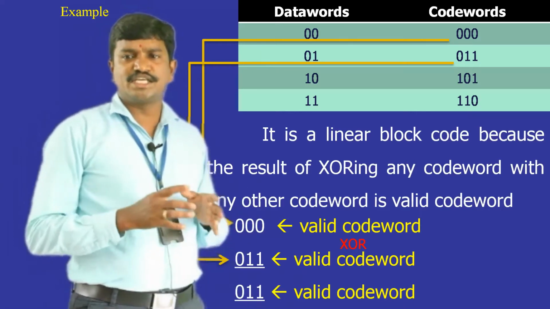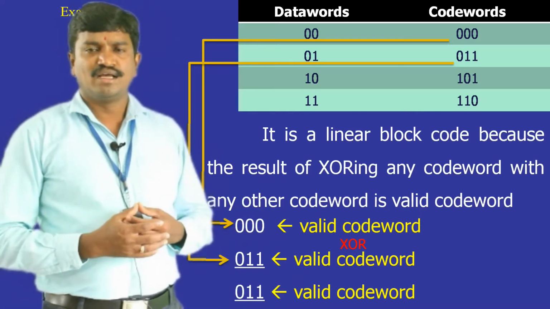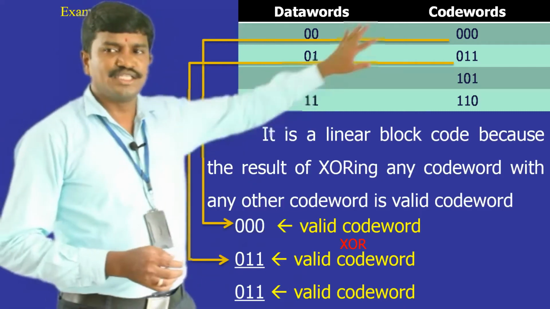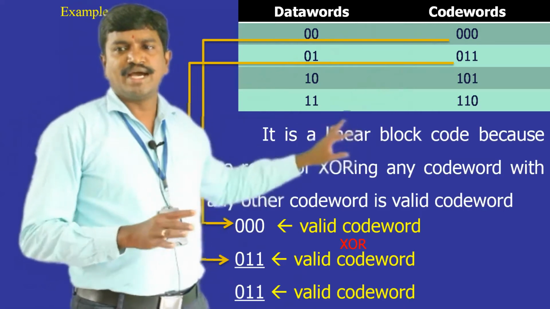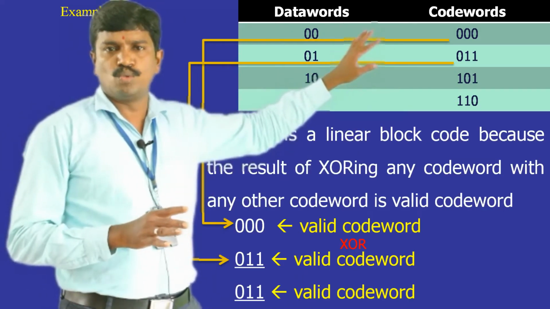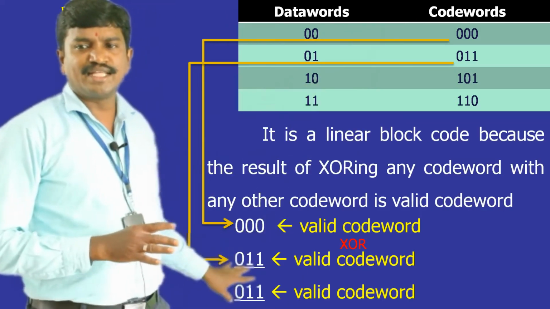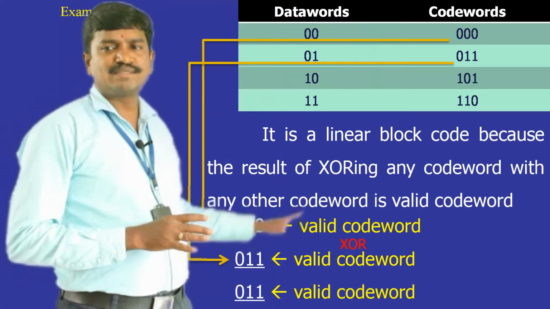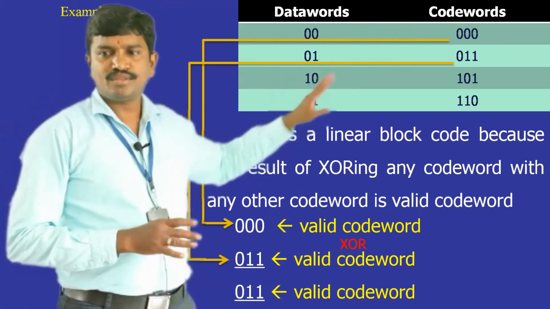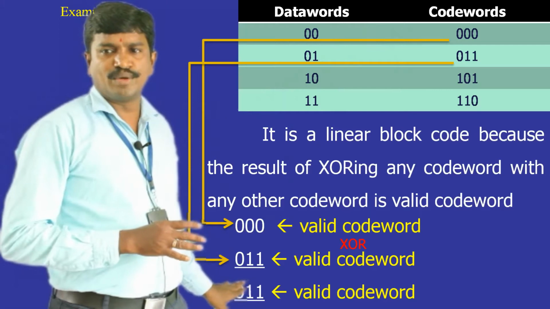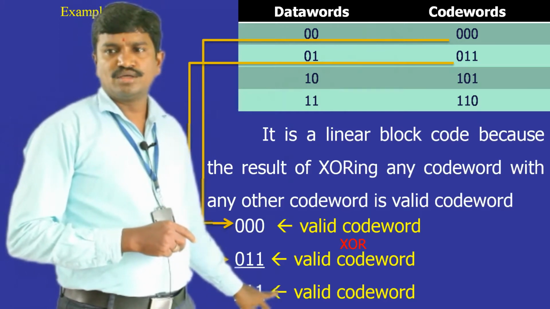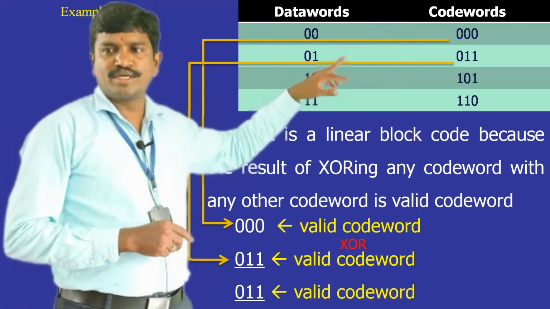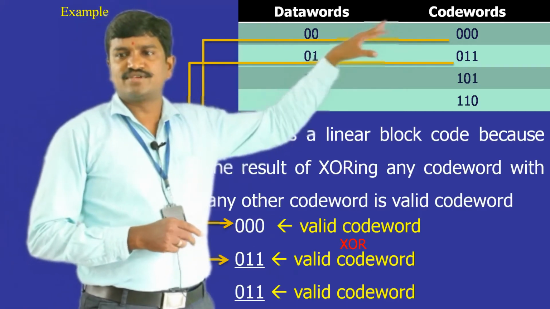Now let us check whether this 011 is present in the valid code word set or not. In total we have four valid code words, and we have taken 2 valid code words, performed XOR, and the result is 011. Is it a valid code word? 011 is already there, the second one itself.